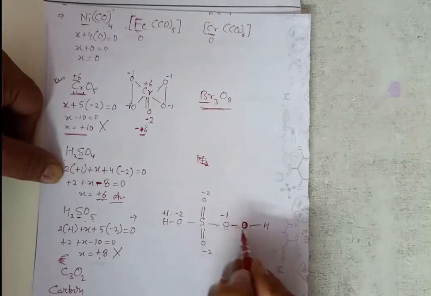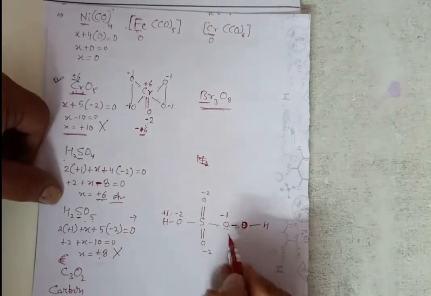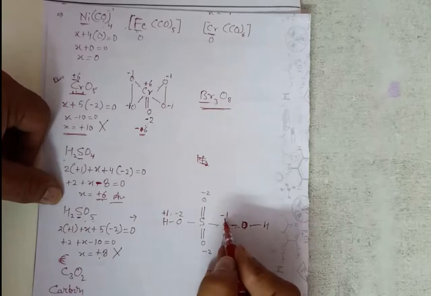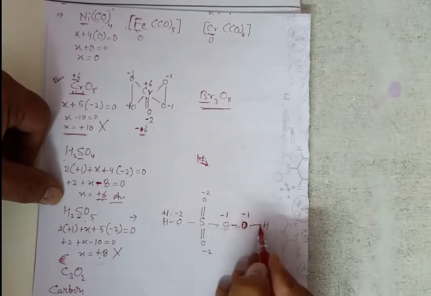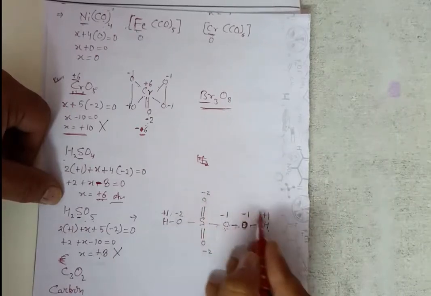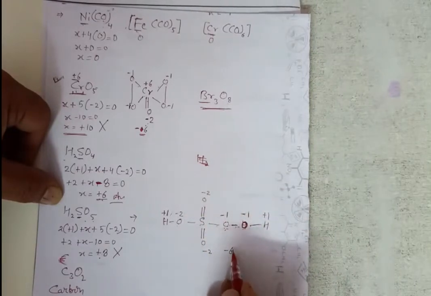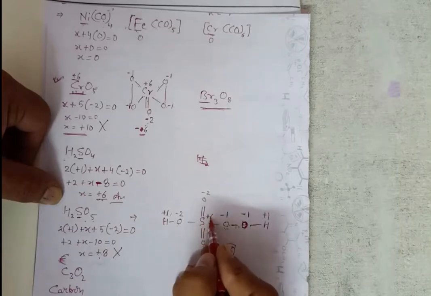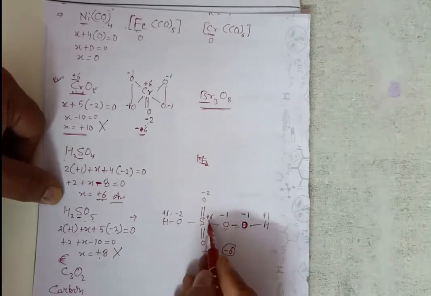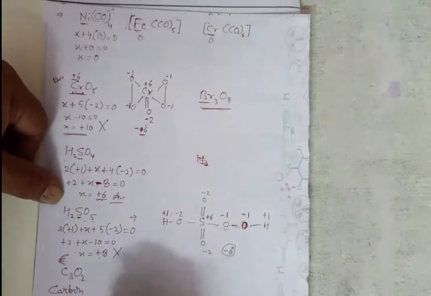Why? Because oxygen attached with oxygen is called peroxide, and the peroxide oxidation state is -1. Here also -1. This one is +1. If you total all the oxidation numbers, it will become -6. Then the opposite will be the oxidation number of sulfur. So here the oxidation number of sulfur is +6.